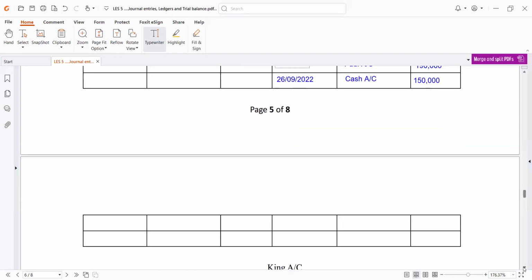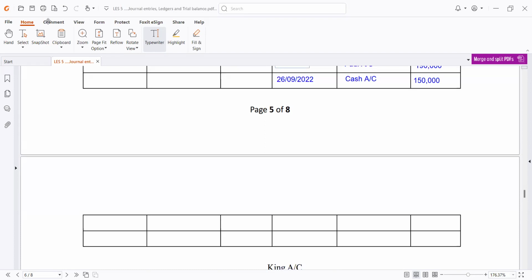So I'll use the calculator on the screen. So I'll have 250,000 plus 190,000, like that, plus 150,000.